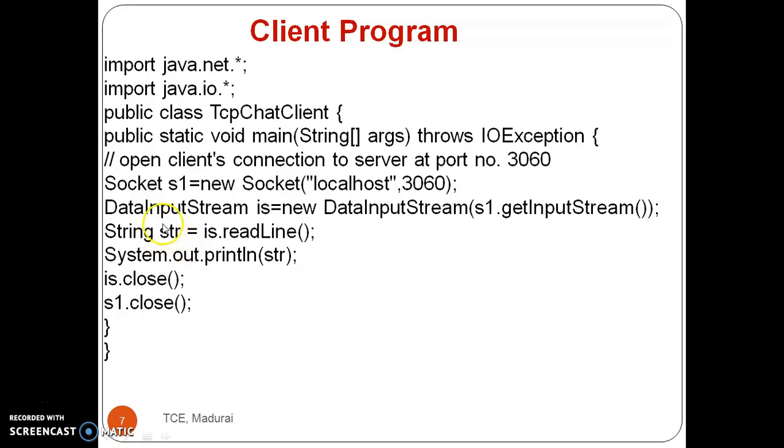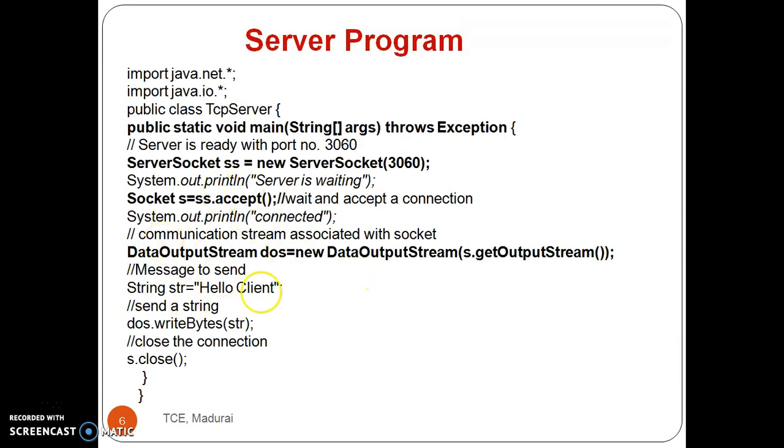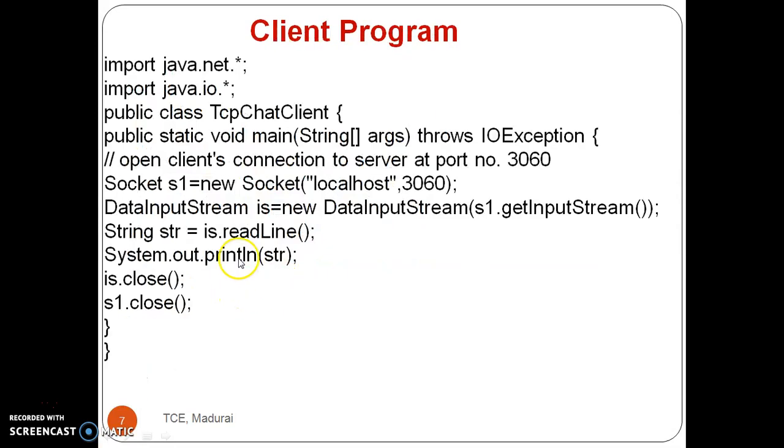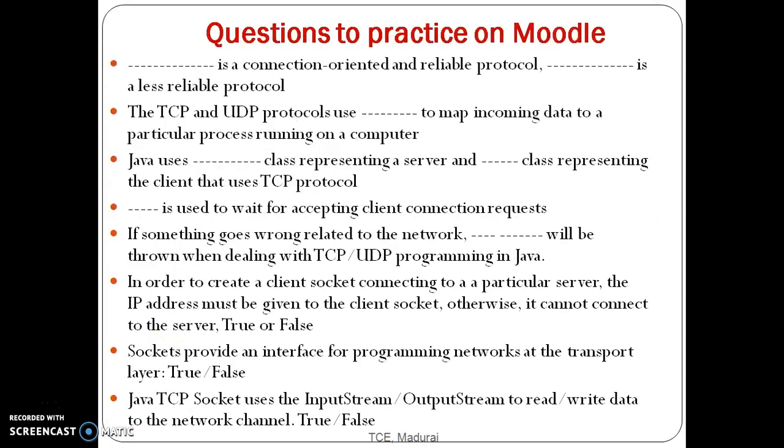Now the string object str, which has the message transported by the server, can be displayed at the client side. So whatever you are sending here as a message to the client can be obtained at the client side and displayed by using this statement. Then we need to close the data input stream object and the socket.